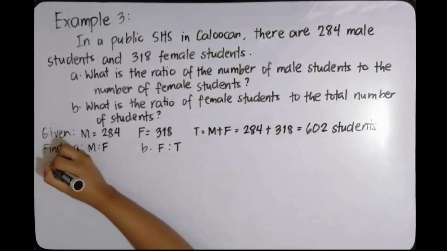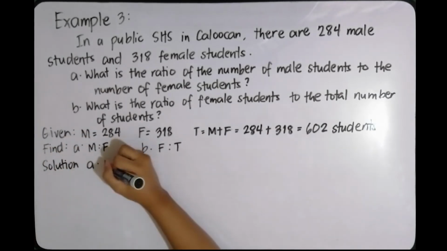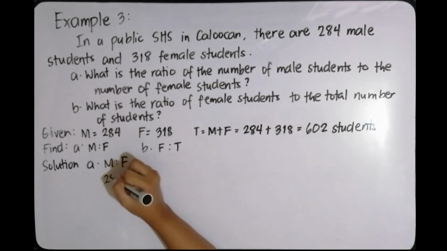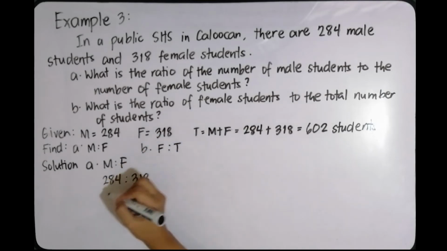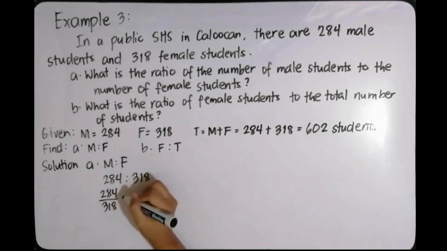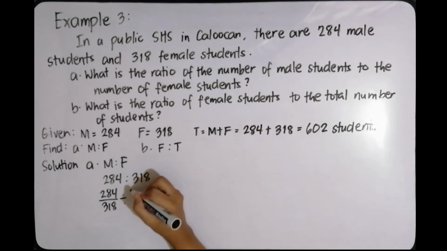So for letter A, let's have the solution. Our M is to F is 284 is to 318. Let's write it in fractional notation: 284 over 318. Let's get the simplest form. Their common divisor is 2.